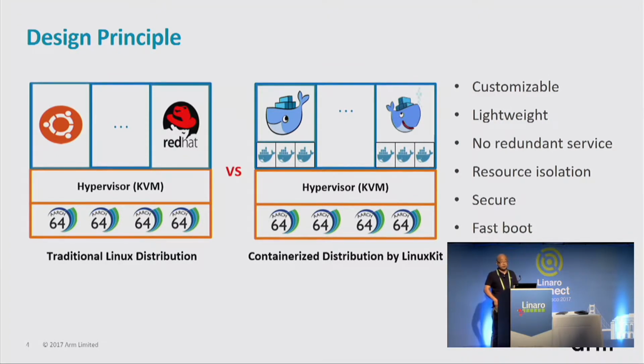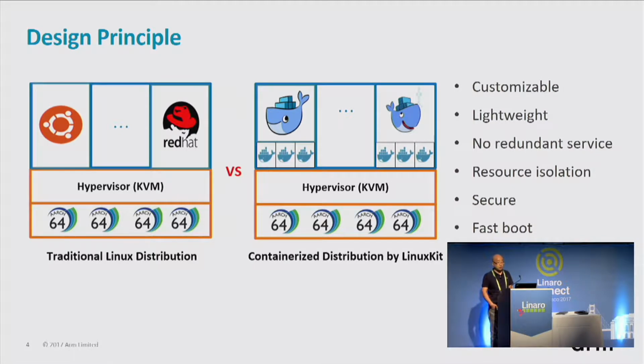It's also lightweight, because the size of the base image is very small. Typically, it's tens of megabytes. So the total image size of the final LinuxKit distribution is very, very small.